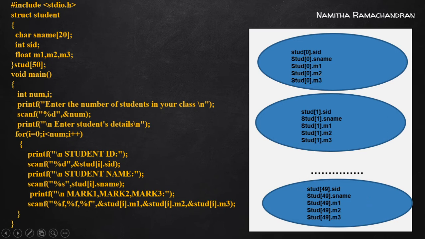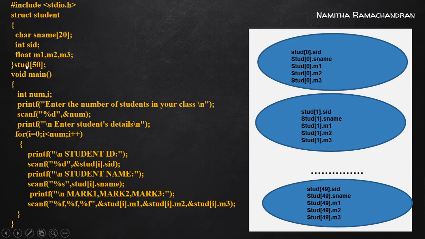Okay, so this is the case of declaring multiple structure variables in a single step by following this array syntax. Each and every entry of this stud array indicates a different student structure variable.